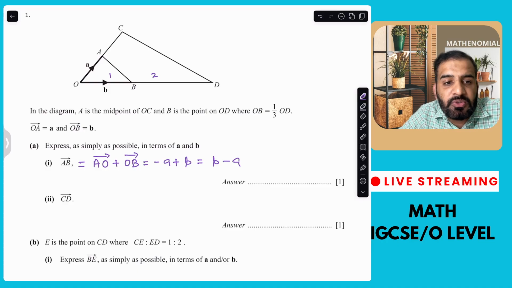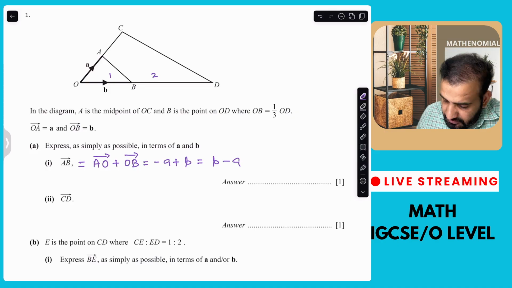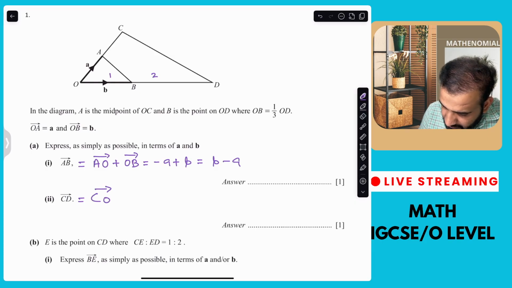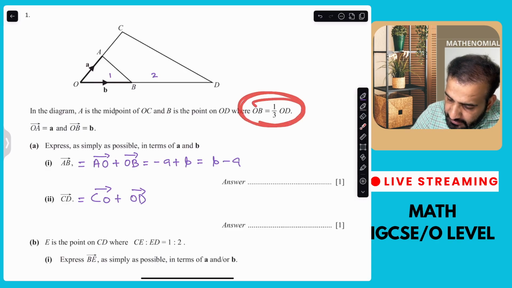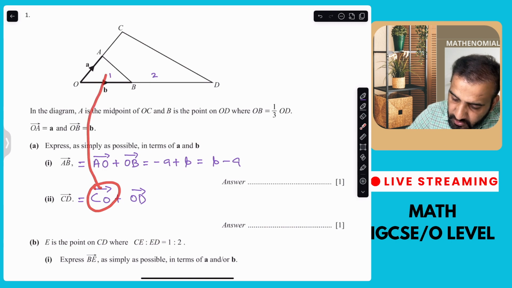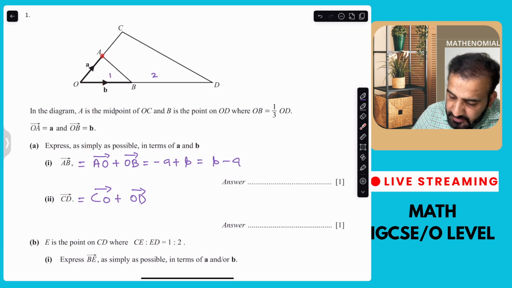Now C to D. How can we move from C to D? Let's go from C to O plus O to D. If you look at this, it is 1:2. Now what is CO? As you know, A is the midpoint.